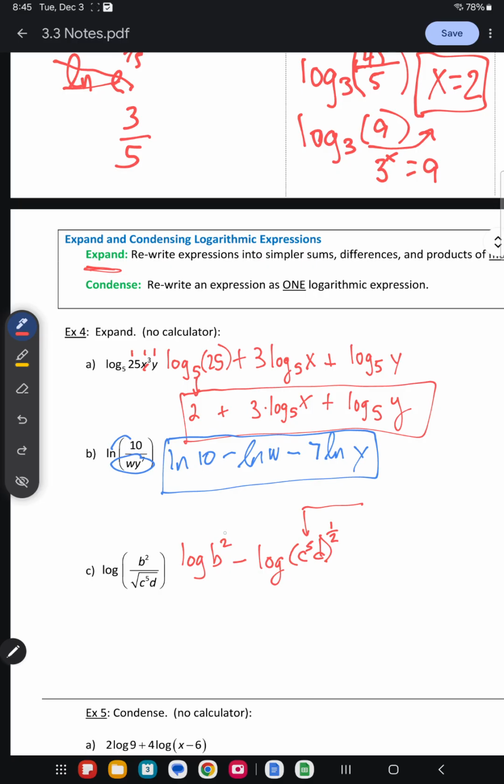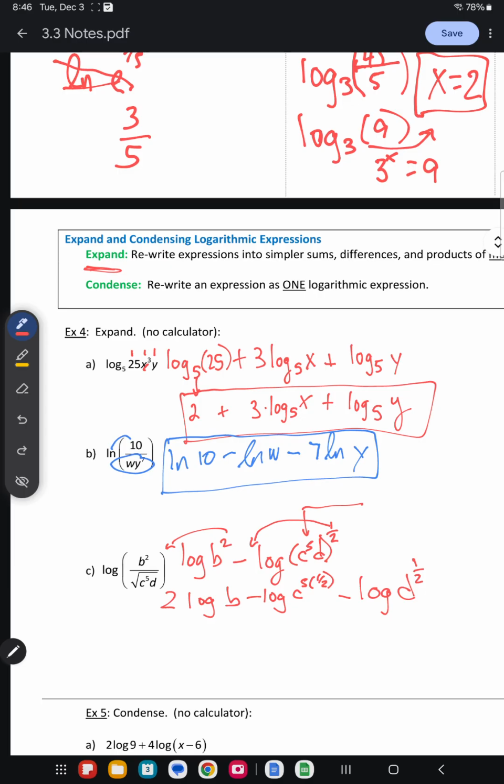Okay, so we're going to take the 2 and we're going to bring it down in front of the log. Okay, and that is going to be good the way it is. Now, this mess here, we have to bring the 1/2 down, and because it's going to both c and d, we're going to have this weird thing here. So it's really log c to the 5th times 1/2 because we're using the exponent rules, and then we're going to minus a log of d to the 1/2. Okay, again, from the exponent rules.